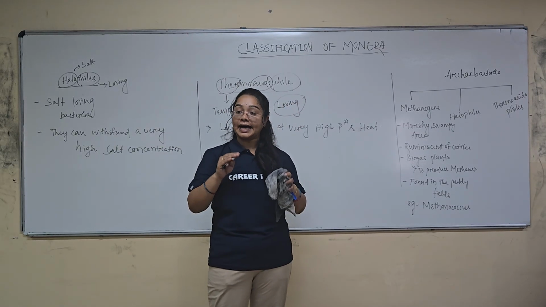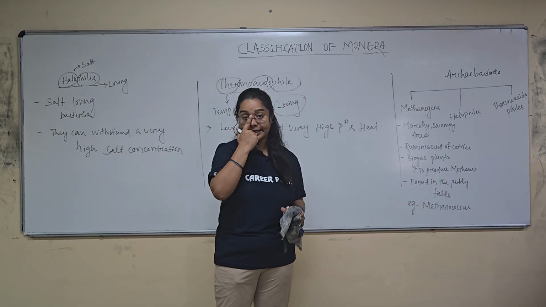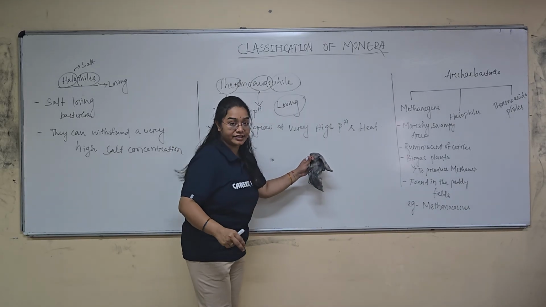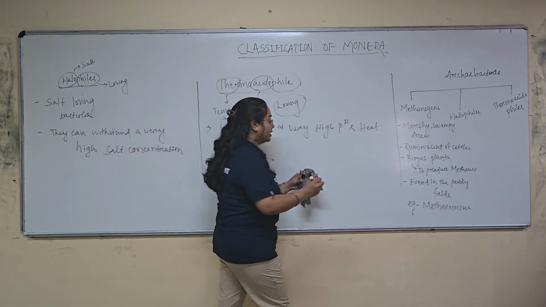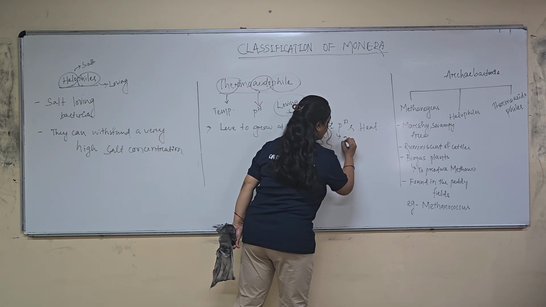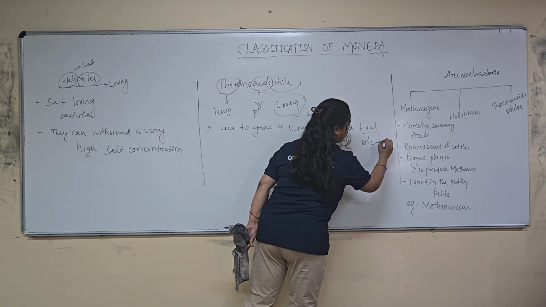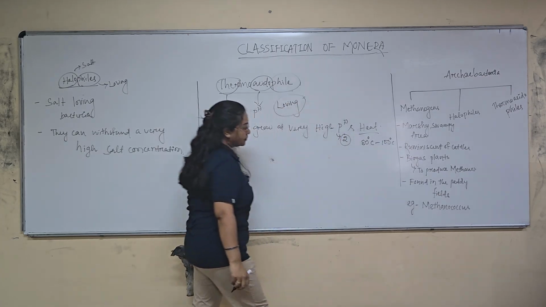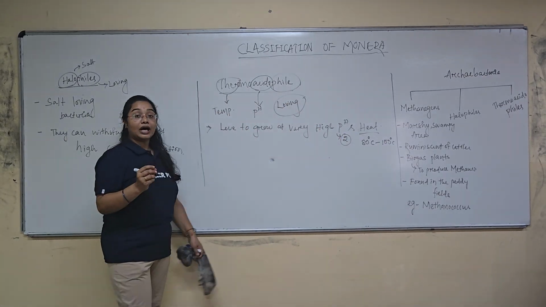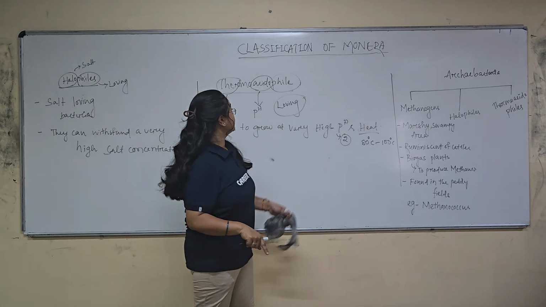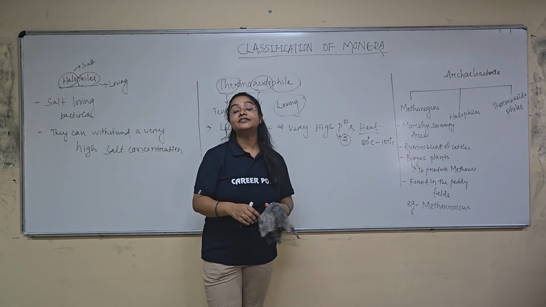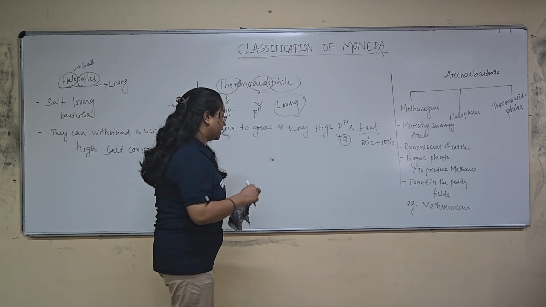They love very high temperature and a very low pH, in the pH range of 2, and heat up to 80 to 100 degrees centigrade. Okay. I have one example for you of the thermoacidophile that you will be studying in the biotechnology chapter.